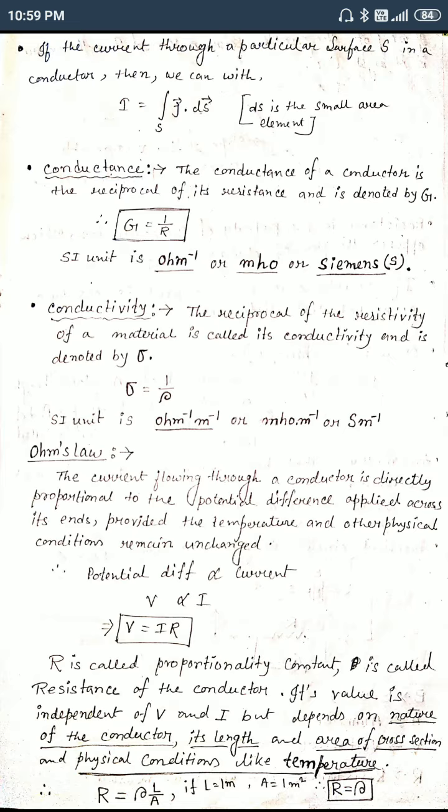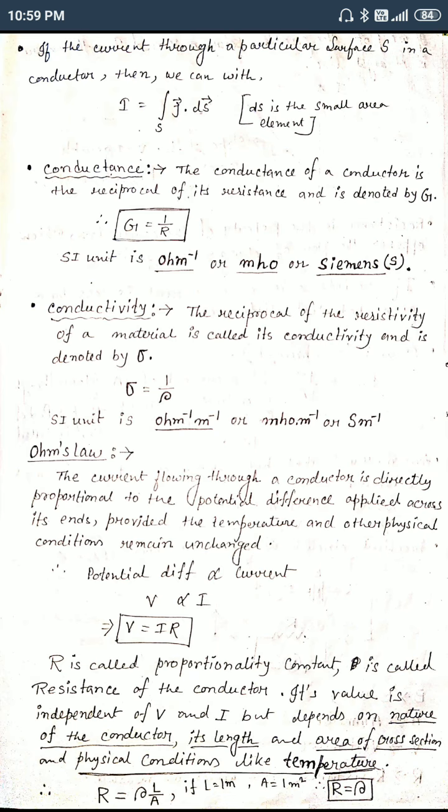Conductivity. Resistance reciprocal is conductance, so resistivity reciprocal is conductivity. The reciprocal of the resistivity of a material is called its conductivity, and it is denoted by sigma. Sigma equals 1 by rho, where rho gives us the resistivity. From Ohm's law we get the expression, combining the factors length and area, R equals rho into L by A, and that rho is called resistivity.